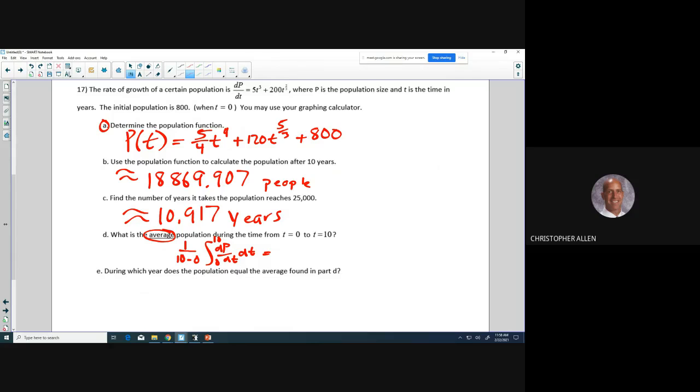The dt's are going to cancel out, so you get 1/10 integral from 0 to 10 of dp. That's going to be 1/10 integral from 0 to 10 of 5t cubed plus 200 t to the 2/3 dt. That's what you're going to do.